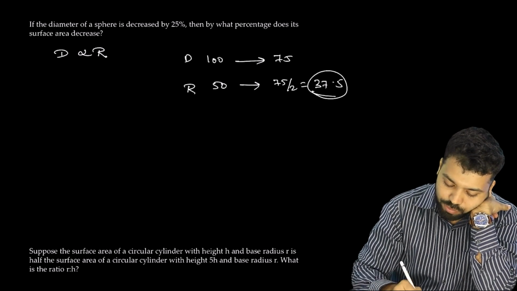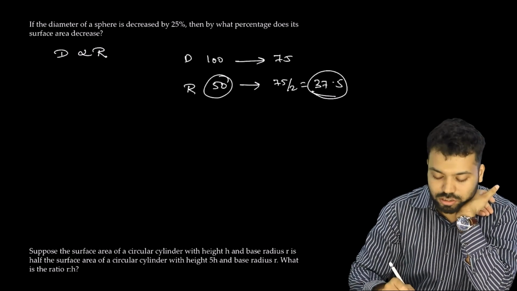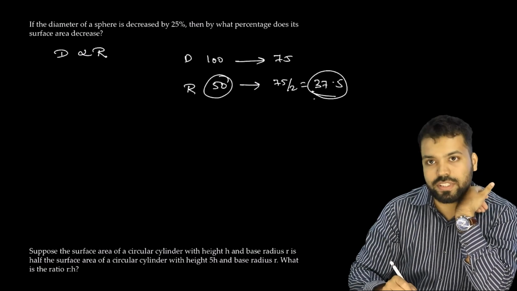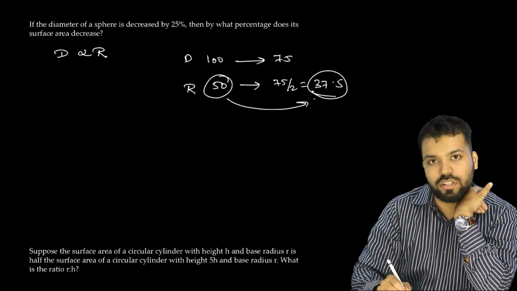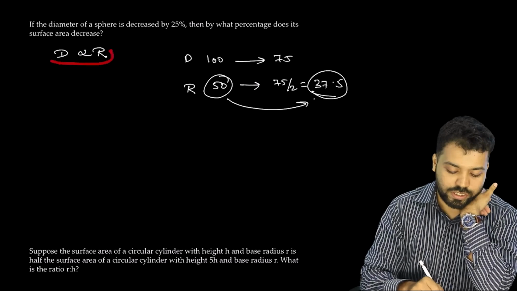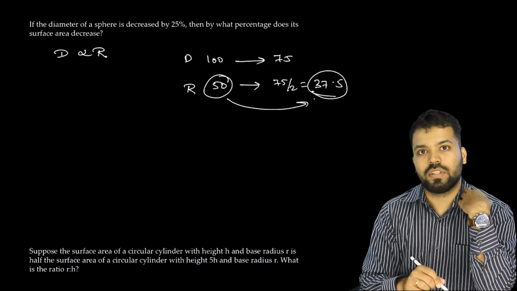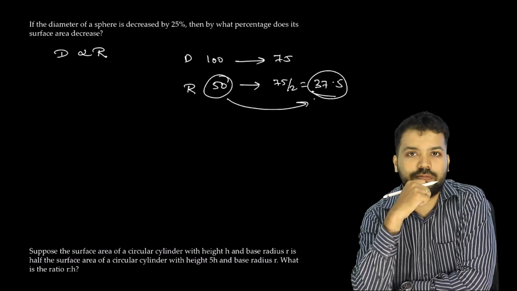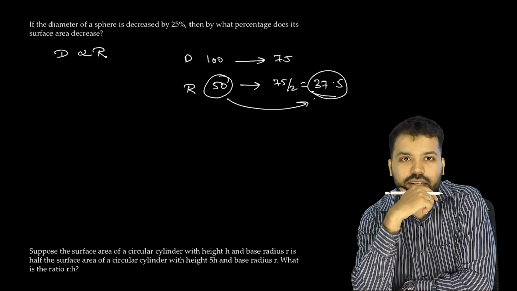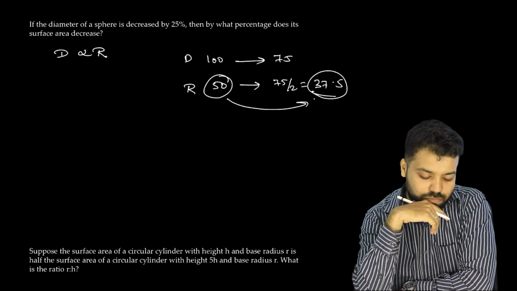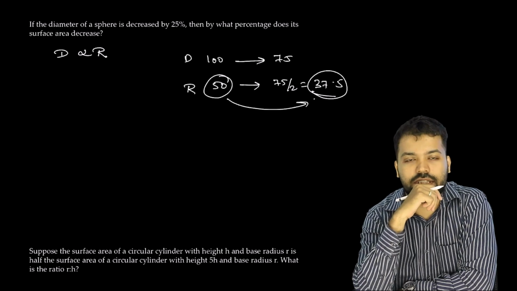Now, if you compare 37.5 and 50, 37.5 is 25% less than 50. So that's the relation we have with diameter and radius. Now, what is the relation we have with the diameter and the surface area?